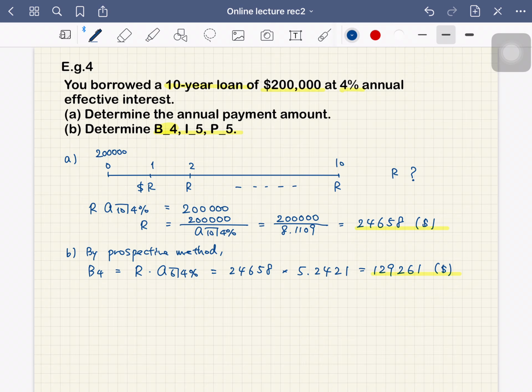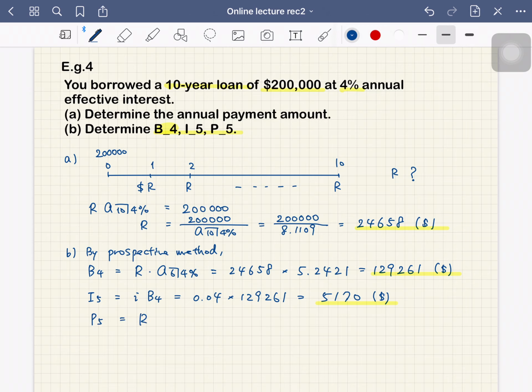And now we want to determine I5 and P5. I5 is interest rate times the balance at time 4. So interest rate is 4% and the balance from the previous number. So this becomes $5,170. So this is I5. How about P5?